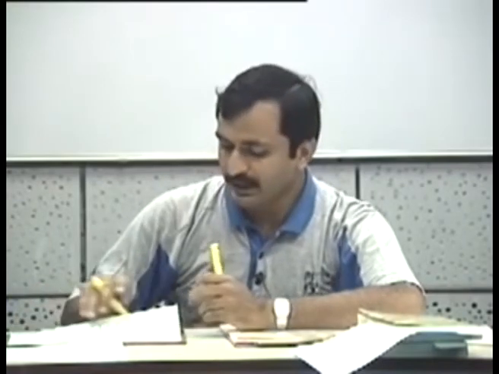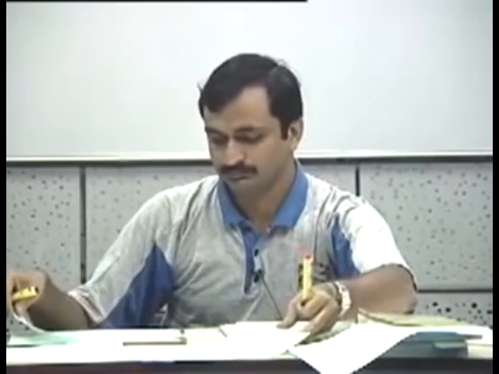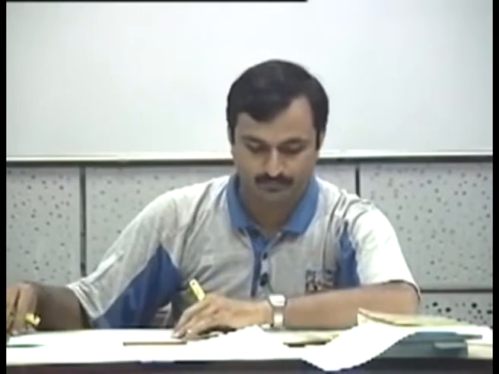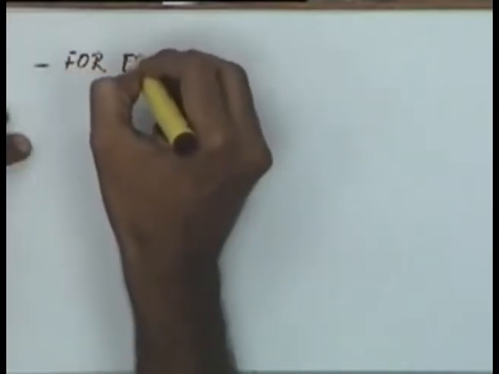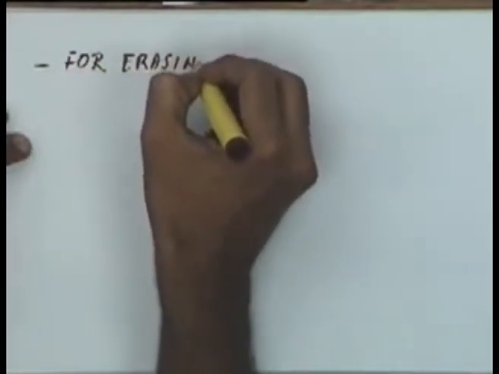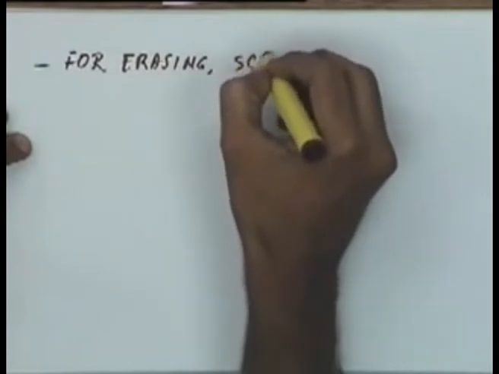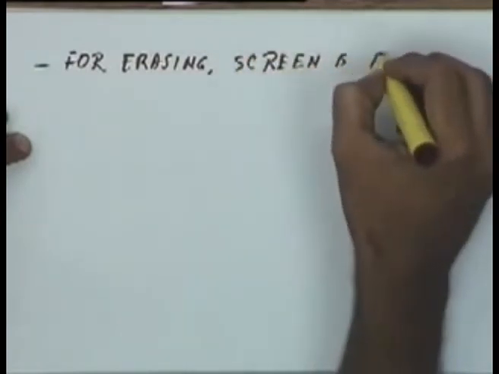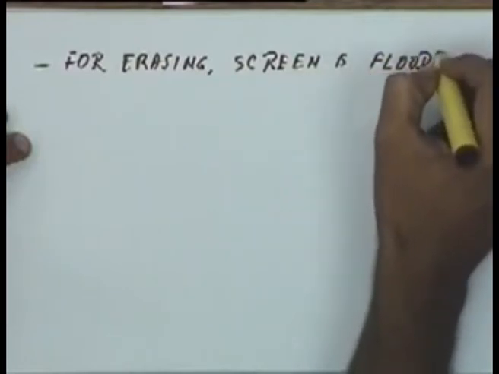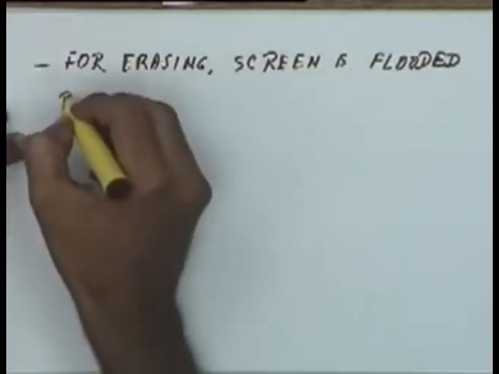So, for erasing it, the screen is flooded by a particular voltage.